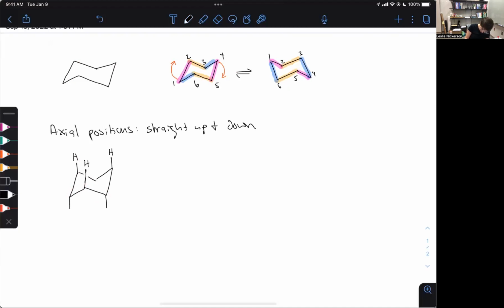My axial down, I'm going straight down off of those points. And so this one here is in the back. Then I have my axial positions, so all of the ones up here are up.